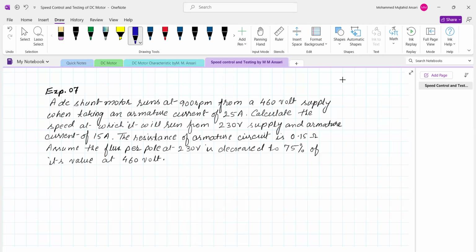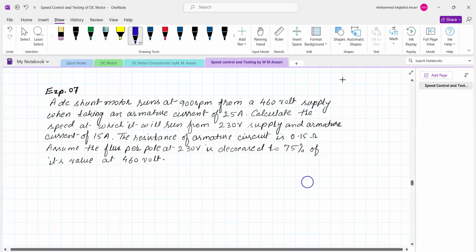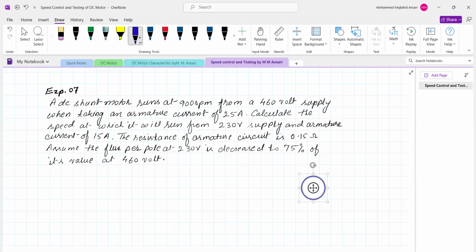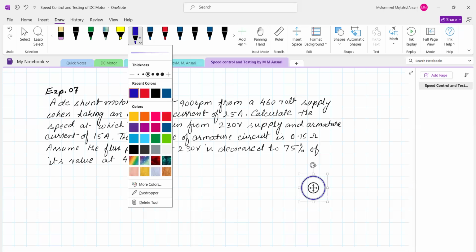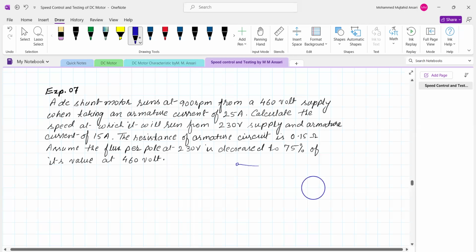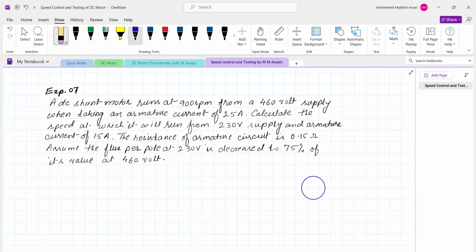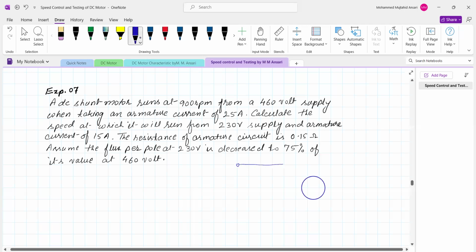The DC shunt motor is such that in the first case the motor is excited from 460 volt.